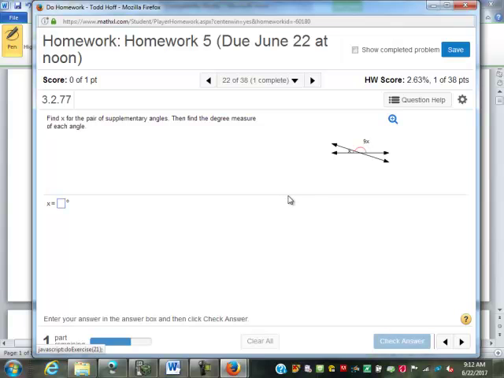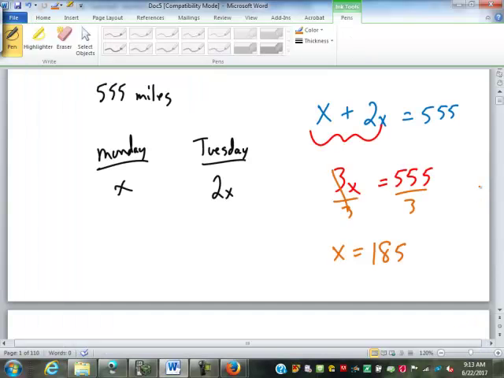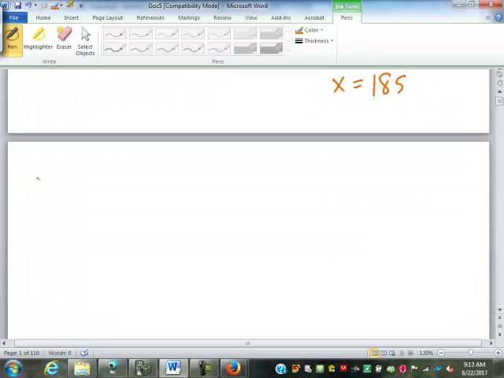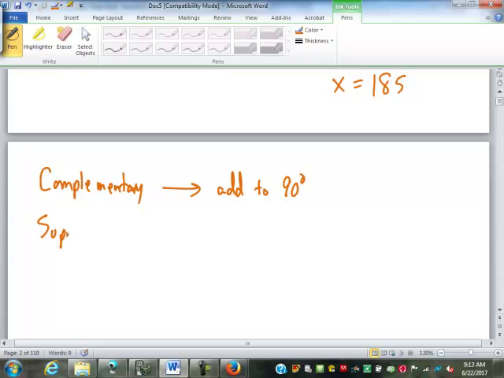Well, let's take a look. Let's see. It was pretty simple. There were 3 relationships we looked at. One of them was complementary. That's where 2 angles add to 90 degrees. One was supplementary.